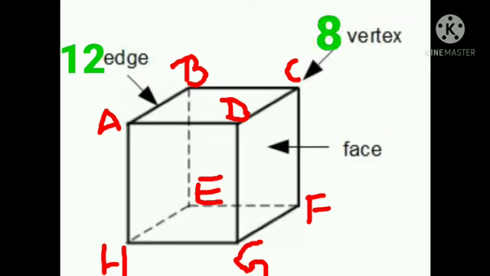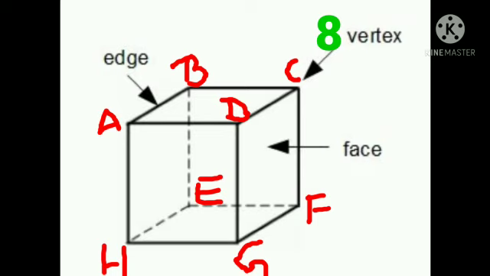Whenever the word perpendicular comes, it means the two lines meet each other at a right angle. And all edges are of equal length. The given figure is a square, and a square has all sides equal. So in the cube also, all the edges are of equal length.